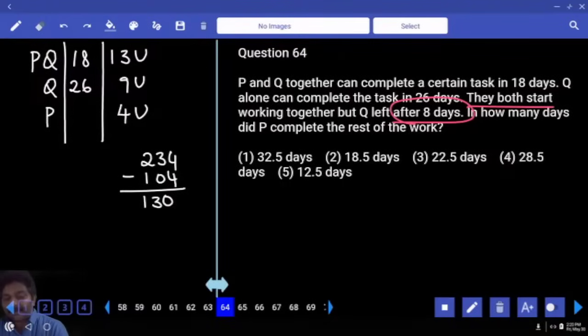P. P per day will do 4 units, so divide by 4, half and half. Half of 130 is 65. Half of 65 is 32.5. Otherwise, after identifying the first number, you are done. There is only one option which starts with 3.